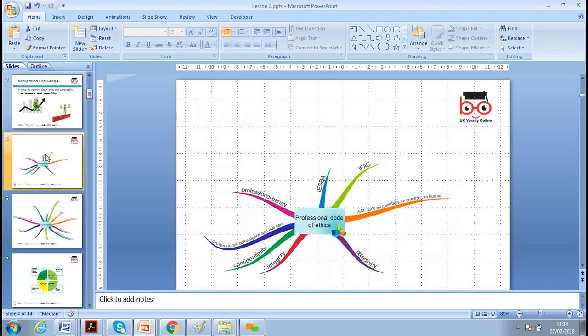So today we'll discuss some professional codes of ethics. If you're a member of different awarding bodies, you have to follow some professional code of ethics. Like if you're a member of, suppose, OTHM or any other awarding body, we're supposed to follow their code of ethics, the way they do business.